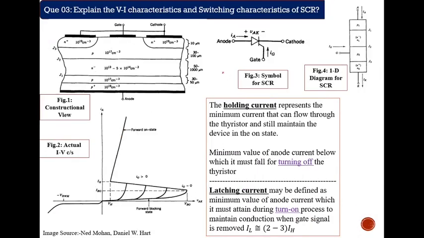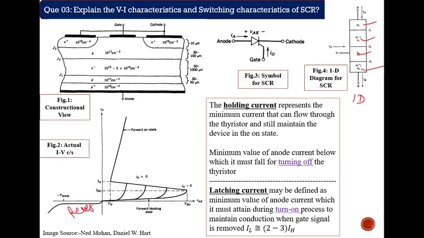Okay, so let's take the SCR. The SCR diagram is looking here in this fashion, and in this SCR, if you look at the 1D diagram, then you can say the PN device is here, where 3 junctions are involved. And if you look at the VI characteristic of this device, then this is the unstable mode or reverse blocking mode.